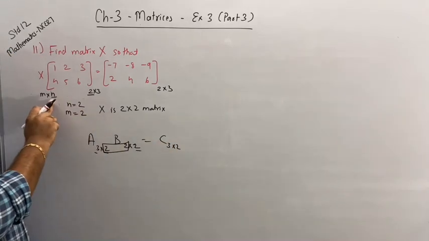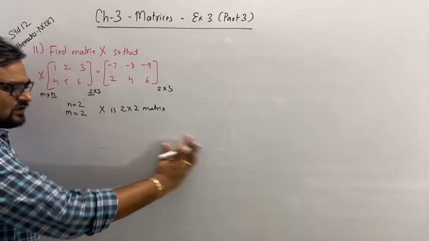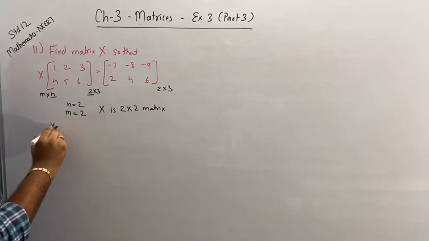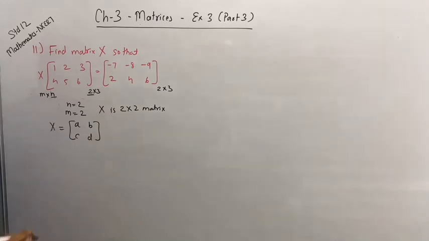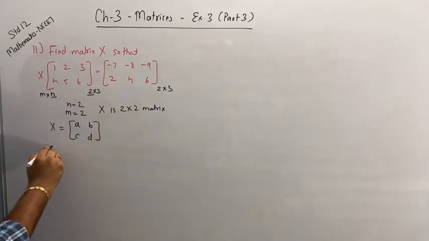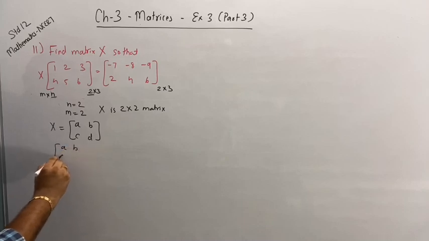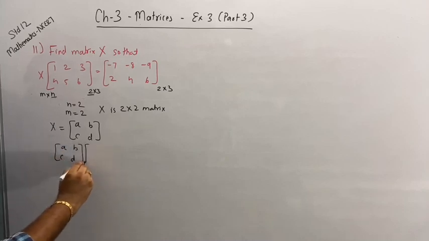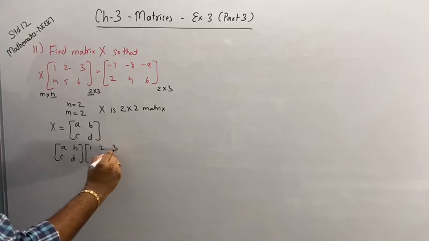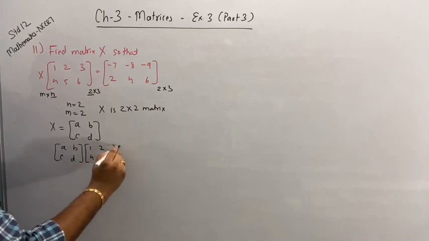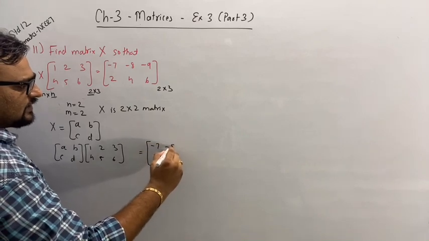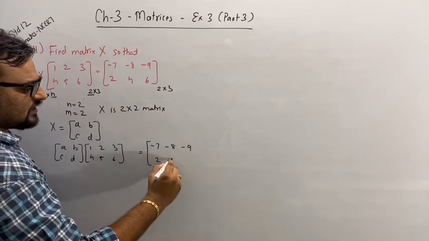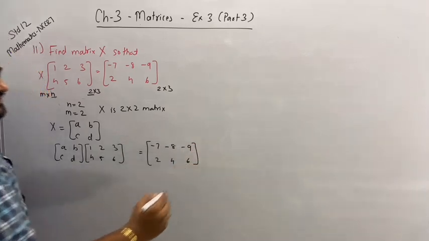So in this way I have selected the value of M and N. Okay, now let's select X equal to 2 cross 2, so A, B, C, D. Now when I'm multiplying X with this, I will get A, B, C, D times 1, 2, 3, 4, 5, 6 equal to minus 7, minus 8, minus 9, 2, 4, and 6.